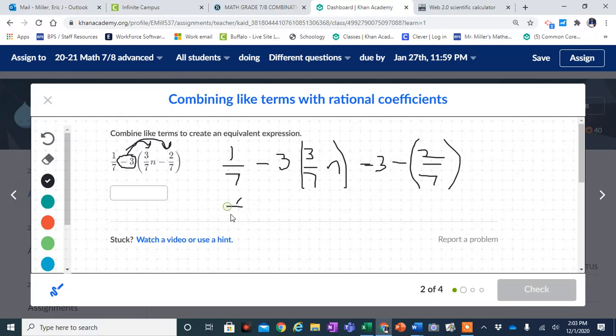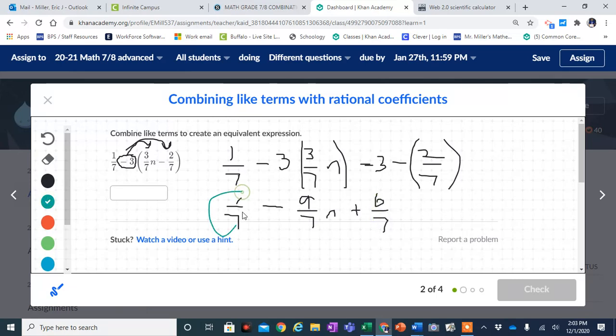So we have 1/7. A negative times a positive is a negative. 3 times 3 is 9/7n. And then a negative times a negative is a positive. 3 times 2 is 6/7.